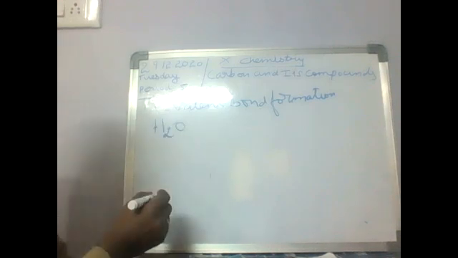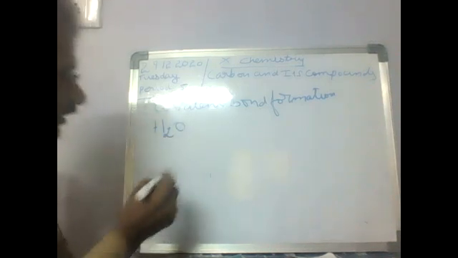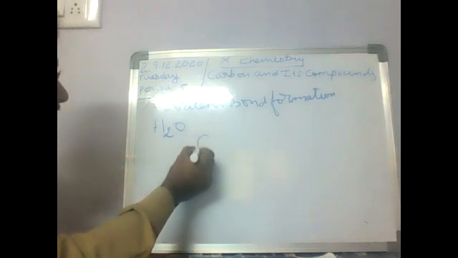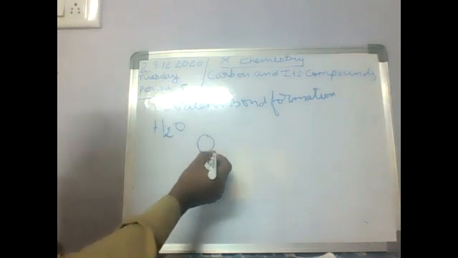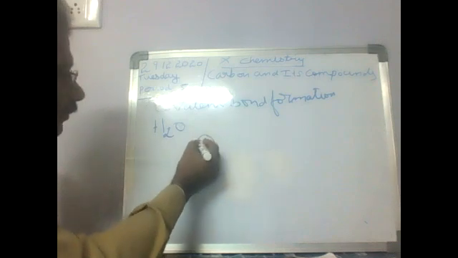While drawing the electron dot structure for hydrogen, you draw the nucleus. The atomic number of hydrogen is only one, so the outermost orbit contains only one electron.